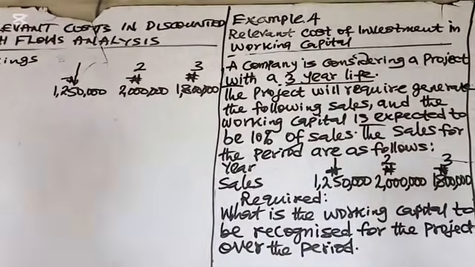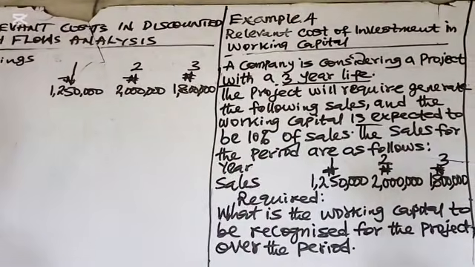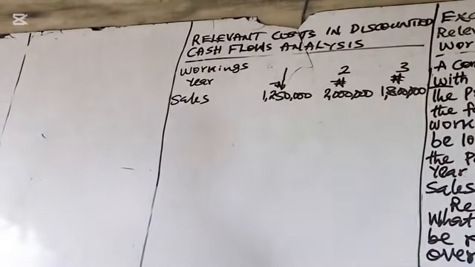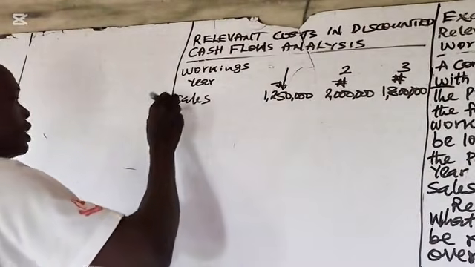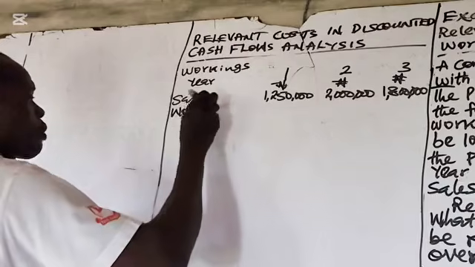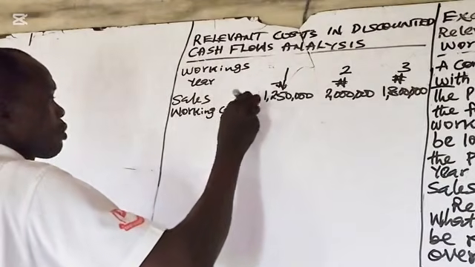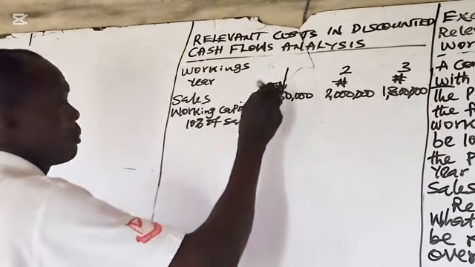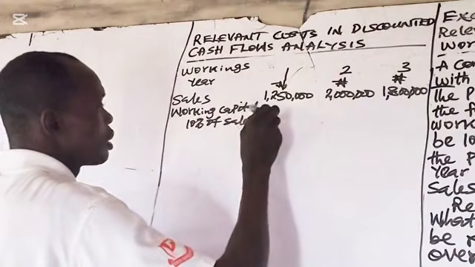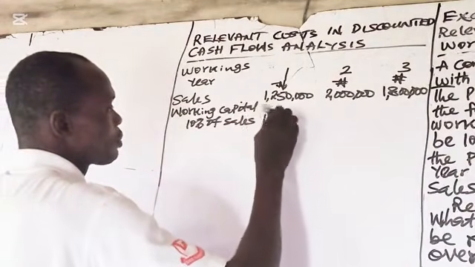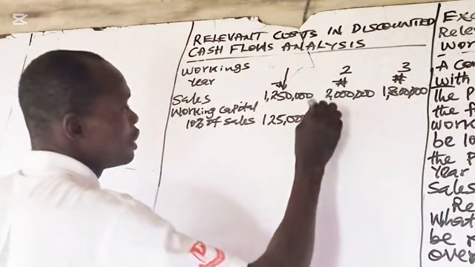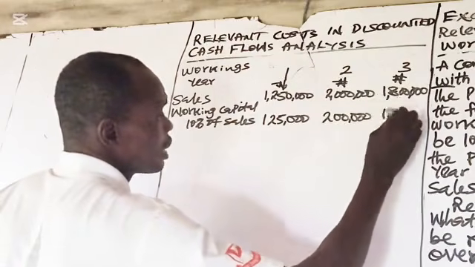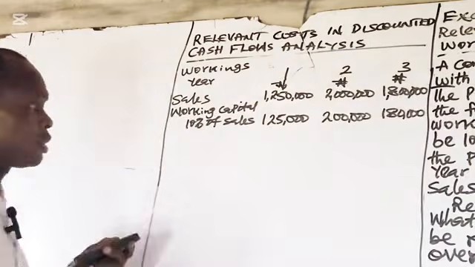If working capital is 10% of sales, how much will be the working capital in each year? 10% of this will be 125,000. This one will be 200,000. And this one will be 180,000. 10% of 1.8 million will be 180,000.